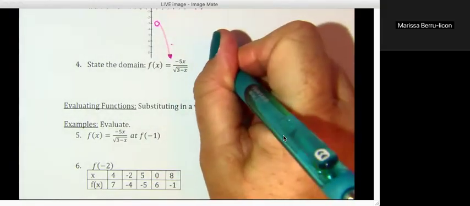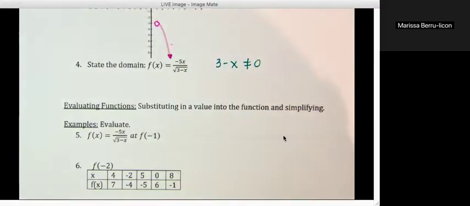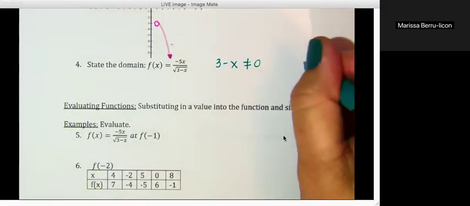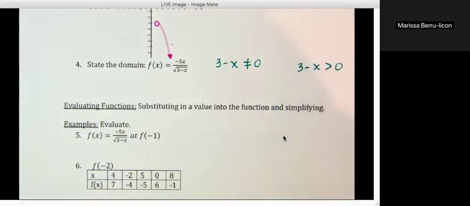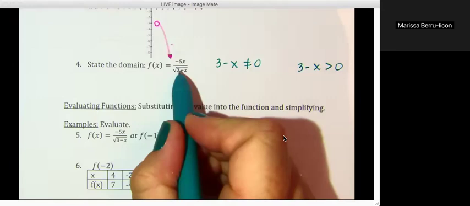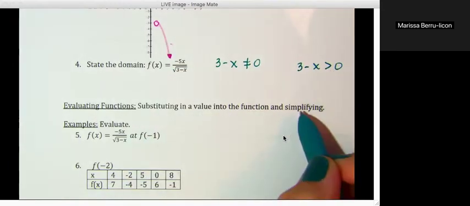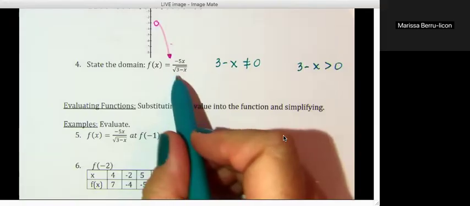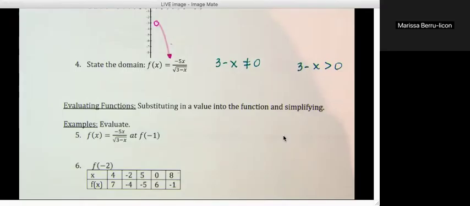So this 3 minus x cannot equal 0. The other thing I need to consider is that I can't take the square root of a negative number. So this 3 minus x needs to be greater than 0. If this square root was in the numerator, it would be okay if it equaled 0. But because it's in the denominator, it cannot equal 0, so we won't include the equal to inequality there.